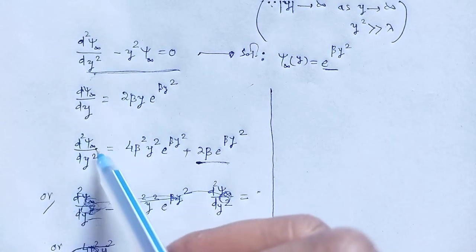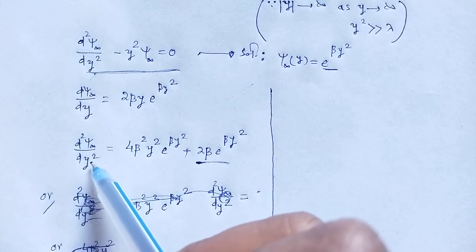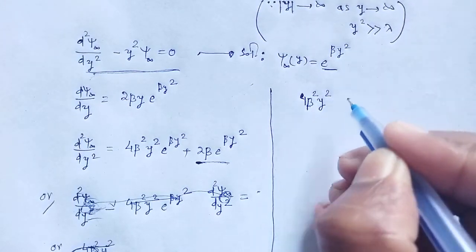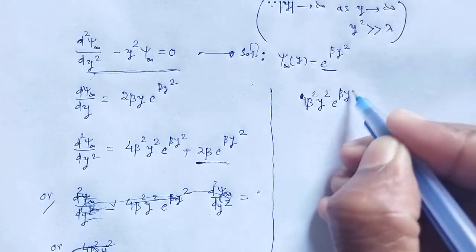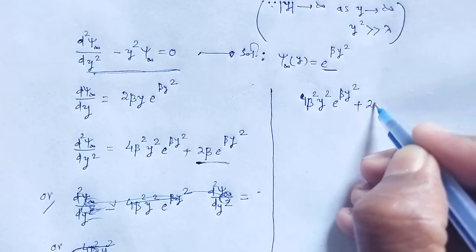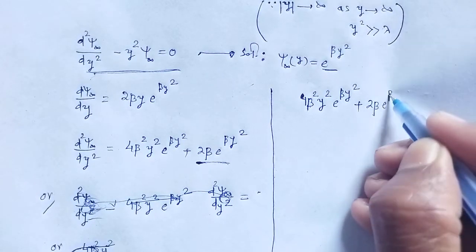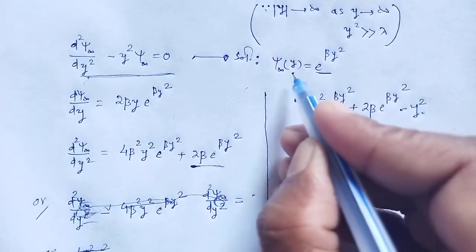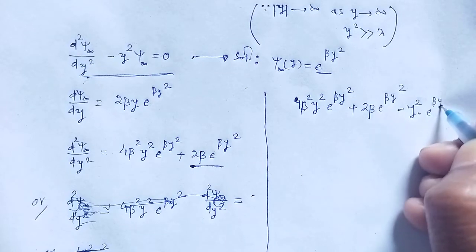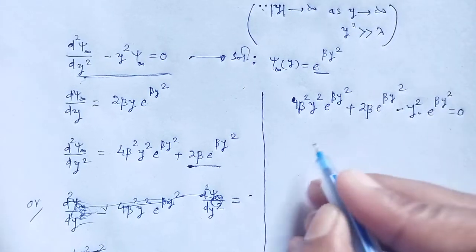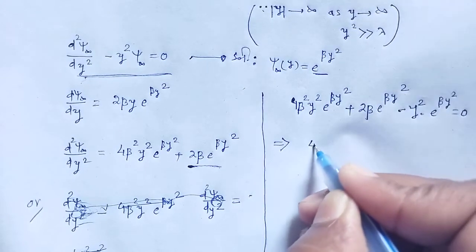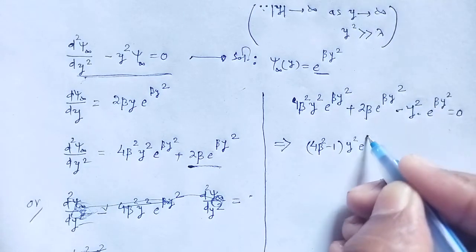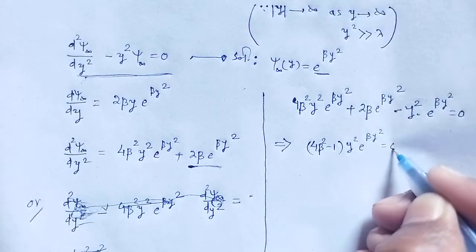Put the value of d square psi infinity by dy square, that is 4 beta square y square e to the power beta y square plus 2 beta e to the power beta y square, then minus y square psi infinity, that is e to the power beta y square, is equal to 0, which implies 4 beta square minus 1, taking common y square e to the power beta y square, is equal to 0.